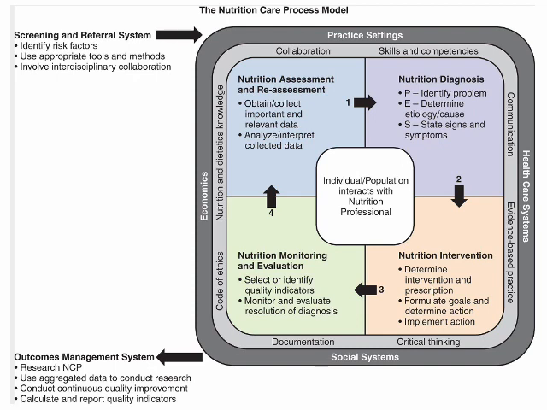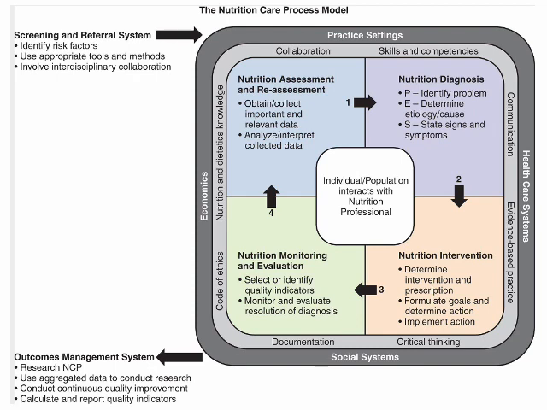And the plan is communicated and carried out, then the data is collected, and the nutrition intervention is revised if necessary upon re-evaluation. There are 4 categories or domains of nutrition intervention that are identified. The first one is food or nutrient delivery, nutrition education, nutrition counseling, and then the coordination of care.